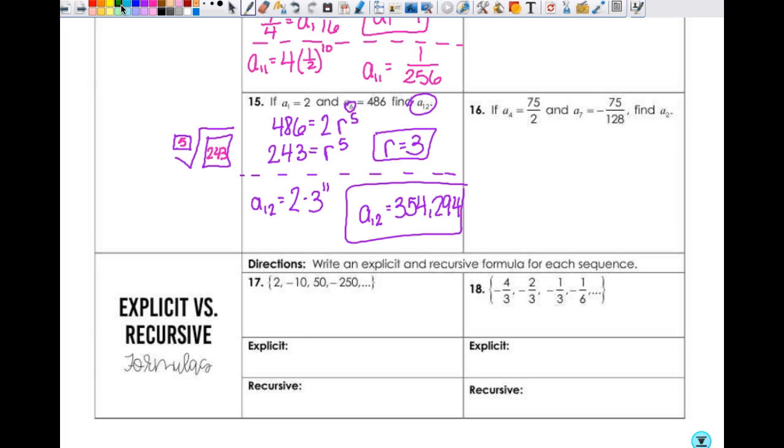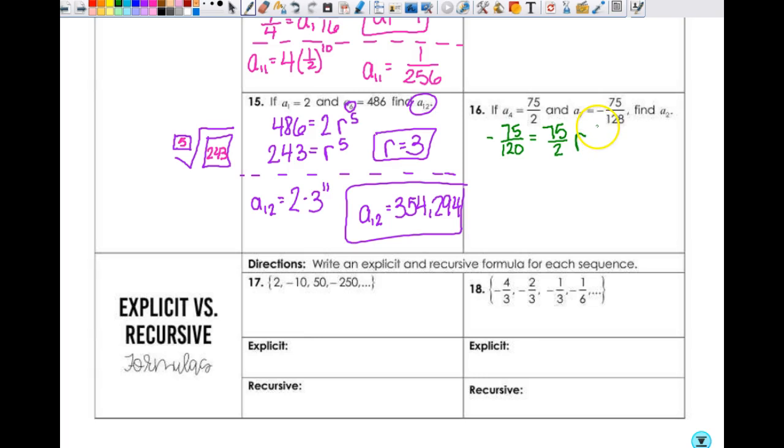We're going to take A7 that we have, this negative 75 over 128, and I don't have A1, but that's okay. I'm going to use A4 in that place, but that's going to change something else, okay? So this is 75 over 2 instead of A1 times R, which I don't know, right?